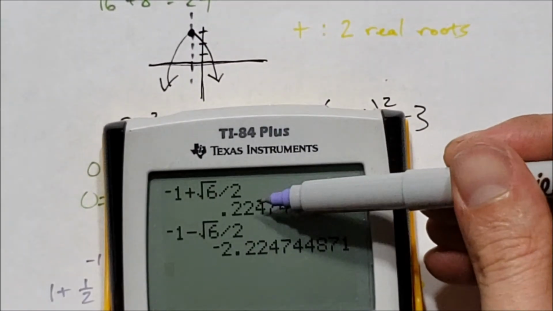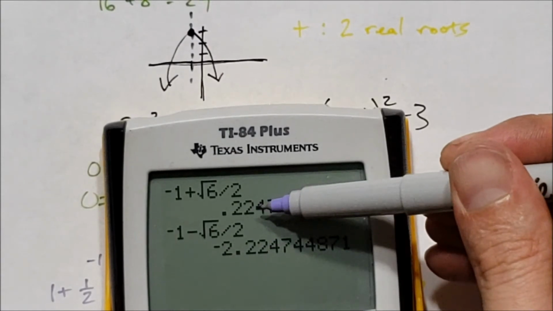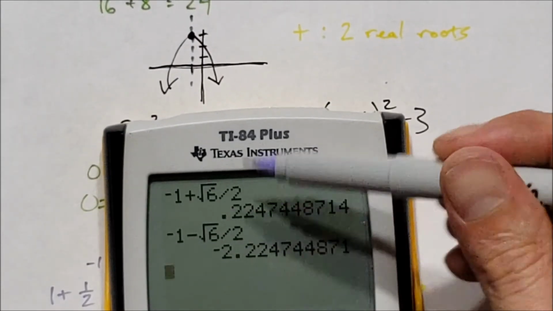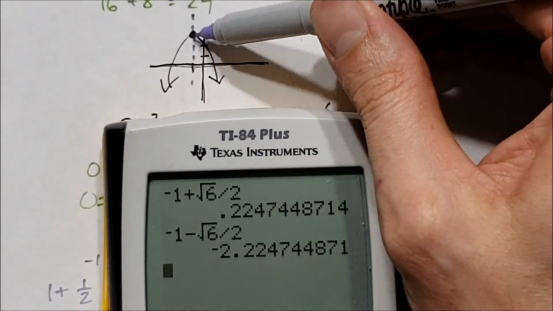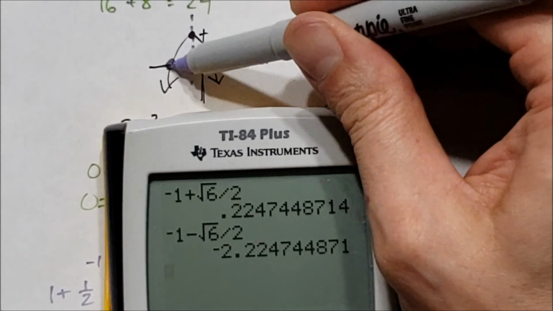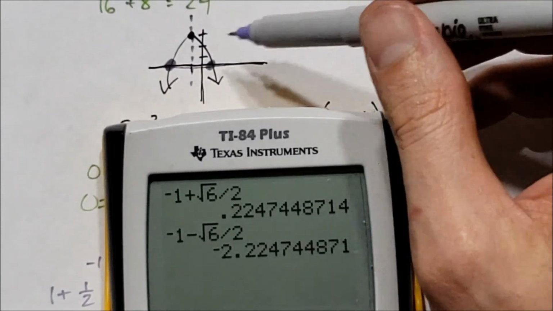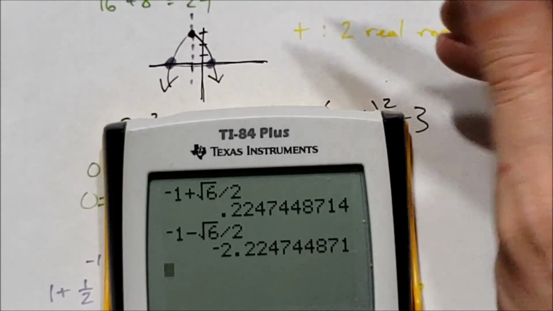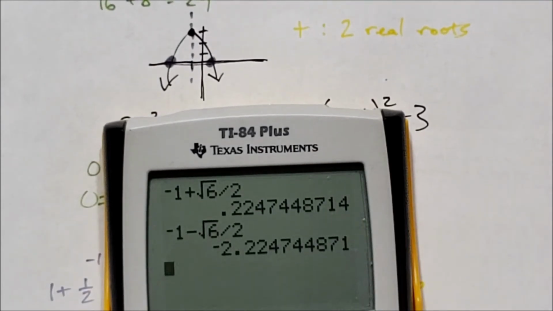Well, negative 1 happens to be exactly halfway between 0.2 and negative 2.2. It's 1.2 away from both of those. So the vertex is halfway between that 0.2 and the negative 2.2. If we drew that to scale, we might get a little bit closer, but this is good enough for a sketch. We could label the points to be more precise.